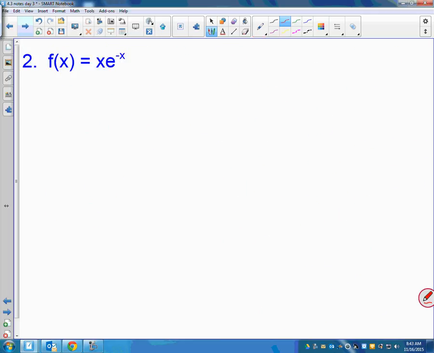Alright, so we better do one that's not so pretty, right? So what do you have to do here? Product rule. Start with that one. Not that complicated. Let's do the u.